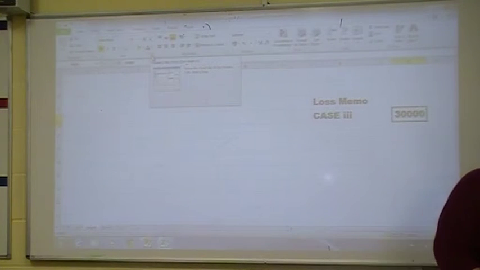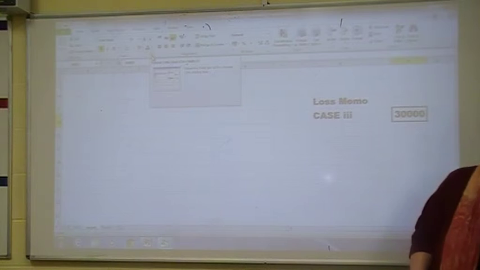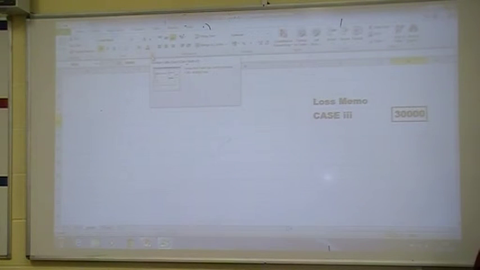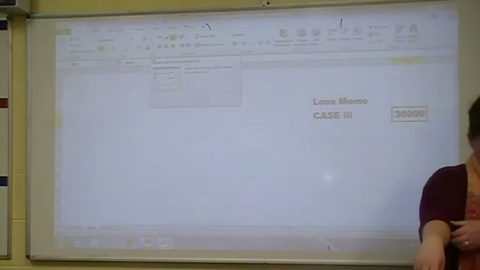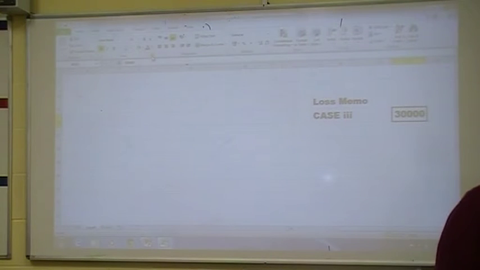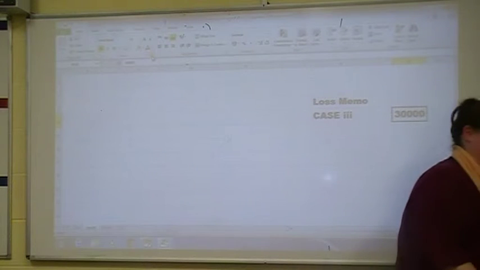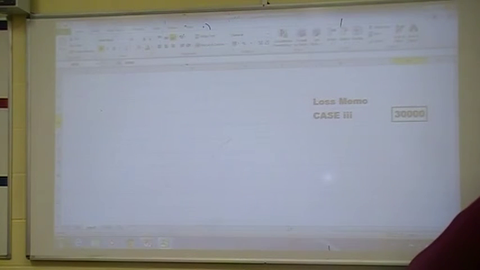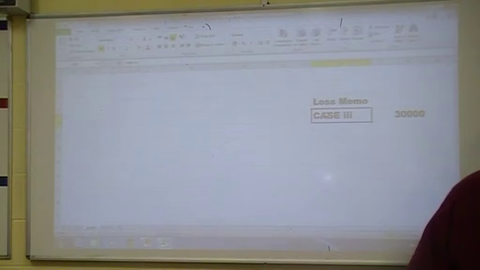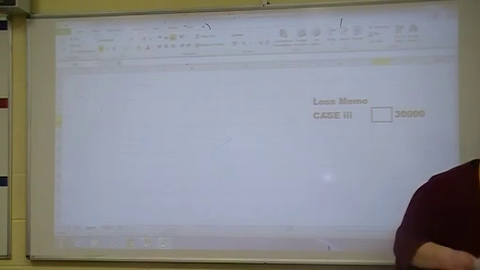We have 4 transactions for the case 1 loss. For the case 3 loss, we have 3 transactions, much smaller. So our case 3 loss is how much? €11,000.